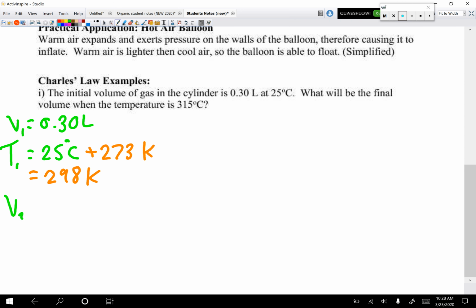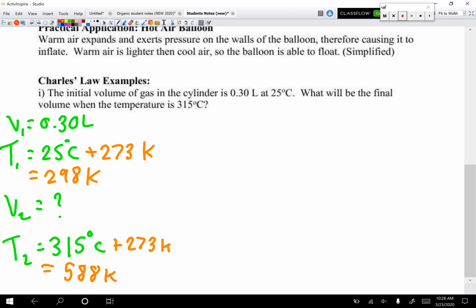Now V2 is what we don't know, and T2 is equal to 315 degrees Celsius. Right away we add 273 to get our new T2, which in this case is 588 Kelvin.